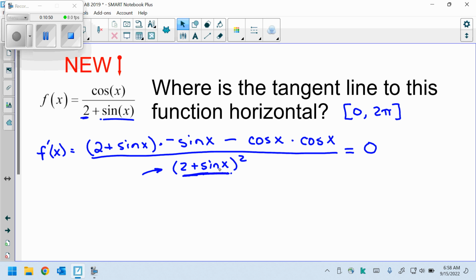So if I distribute this, I'm going to get -2 sine of x minus sine squared of x minus cosine squared of x. It's got to equal 0.